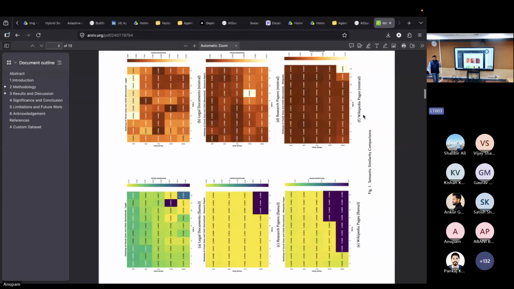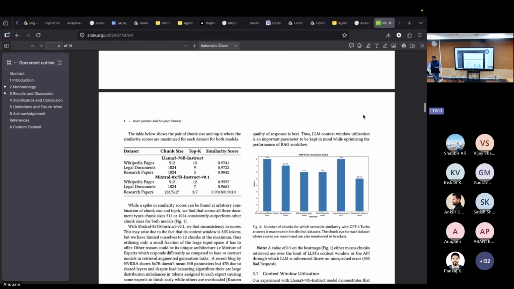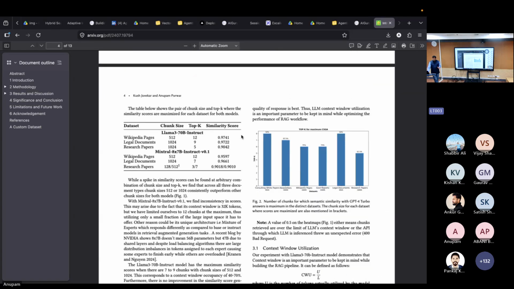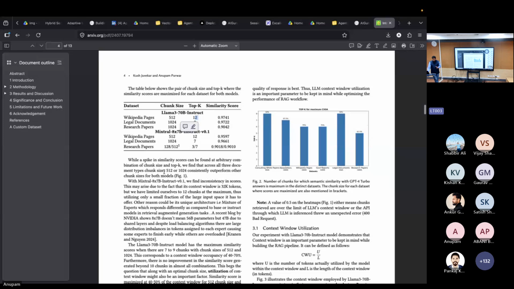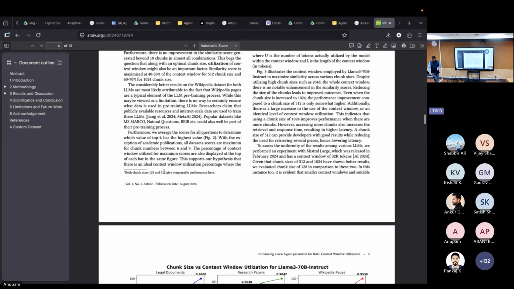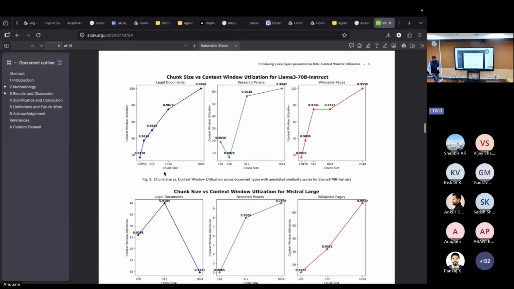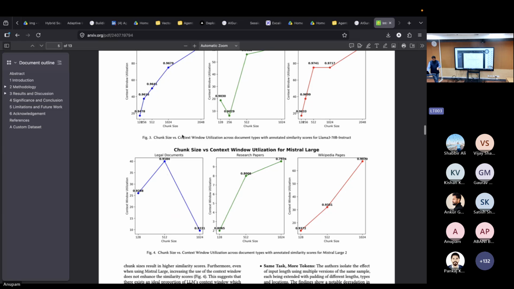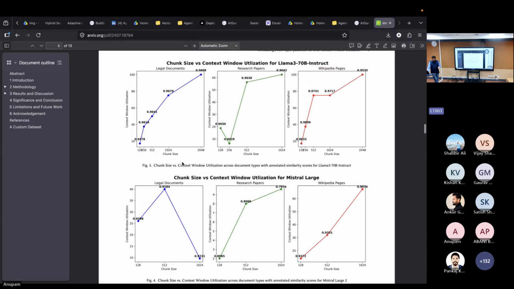If you want to engineer something and make it more optimal, you can look at this paper. We have done a lot of things on different data sets for different models. We have evaluated the impact of chunk size and top K. And we have shown what is a good chunk size. Some plots are also there to help you understand what is an optimal chunk size.